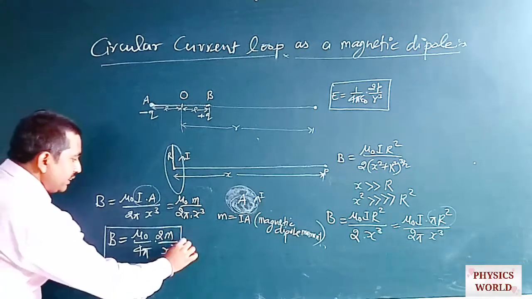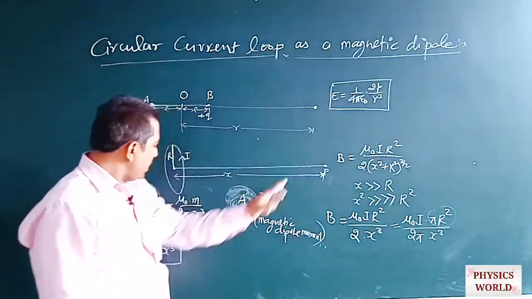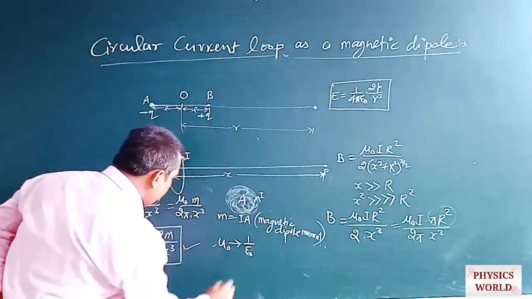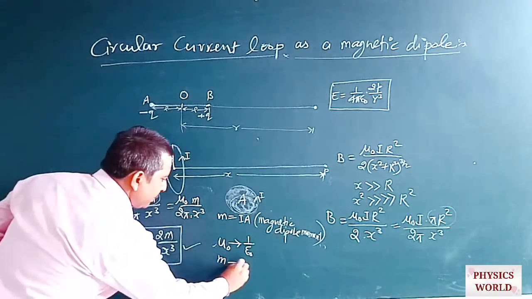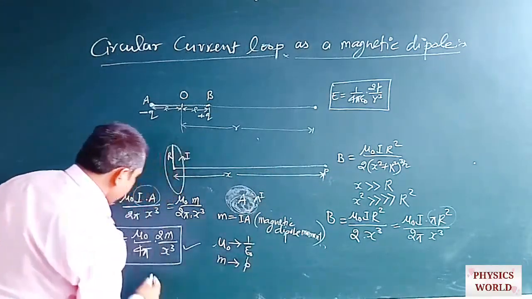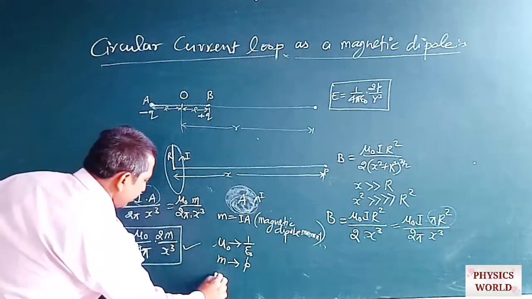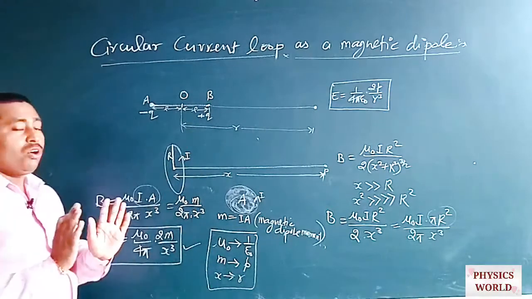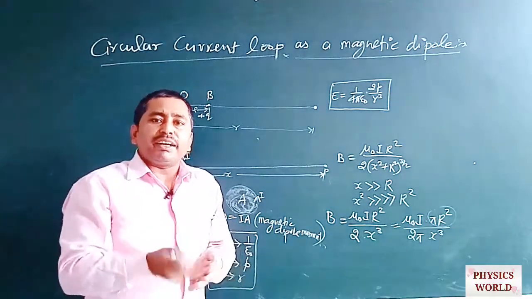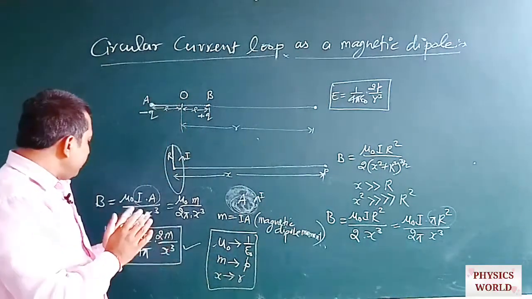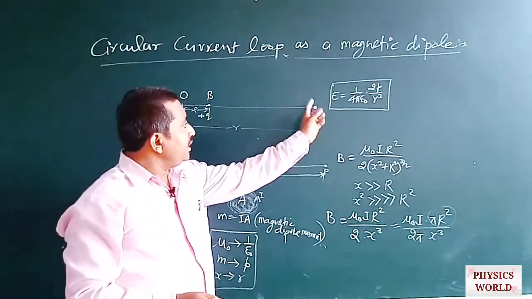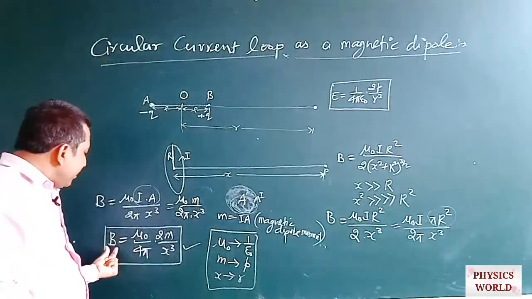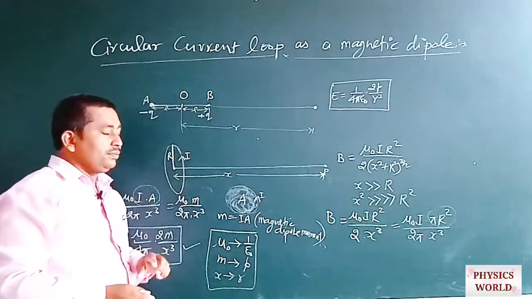If we compare these two formulas, then we get mu 0 is replaced by 1 upon epsilon naught, this m is replaced by p, and this x is replaced by r. Okay, so we are seeing that these two formulas are analogous to each other. They are similar, and they provide the electric field in the case of an electric dipole, and the magnetic field in the case of a magnetic dipole.